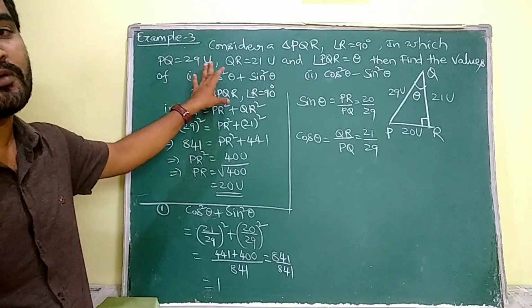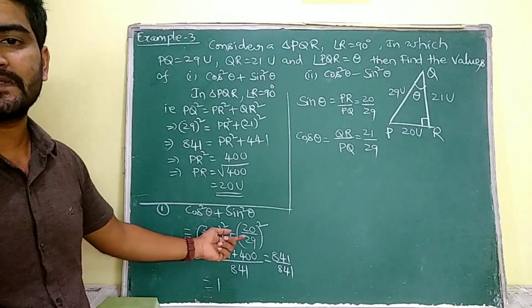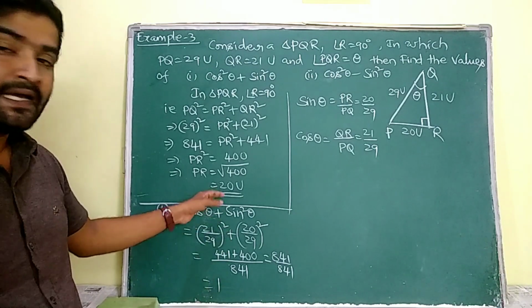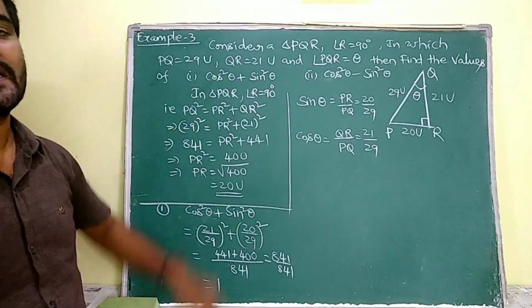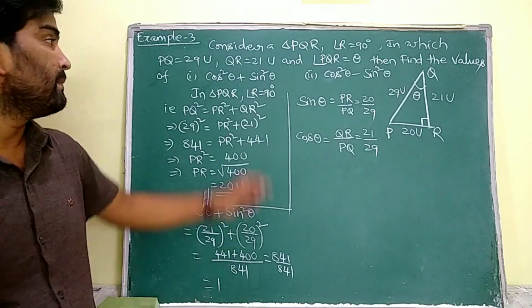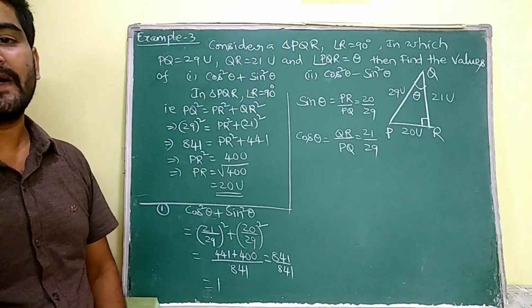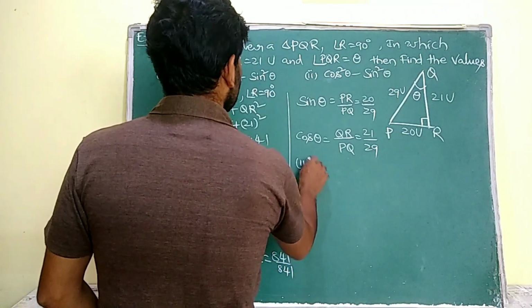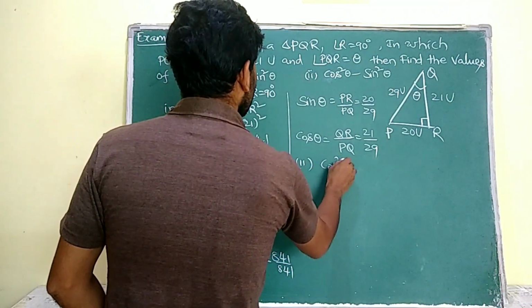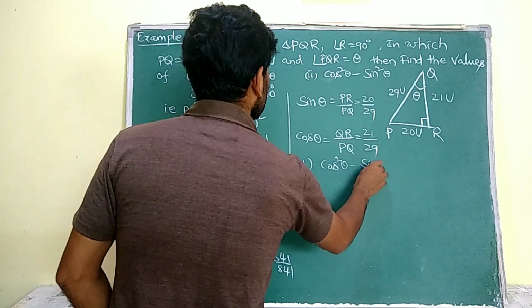Here, according to this problem, we calculated cos square theta plus sin square theta is equal to 1 by this procedure. Now you may also write directly that cos square theta plus sin square theta is equal to 1 because it is a trigonometric identity. Now the second one. The second one is cos square theta minus sin square theta.